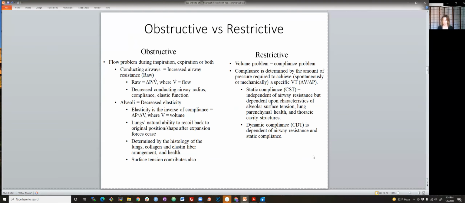So dynamic compliance is very dependent upon airway resistance, because if it's harder to pull air into the lungs because there's bronchospasm or mucus or what have you, then the dynamic compliance you'll see go down. It takes more pressure to overcome that airway resistance. But dynamic compliance obviously is dependent on static compliance also.